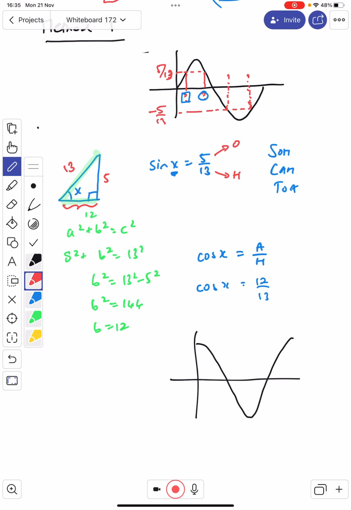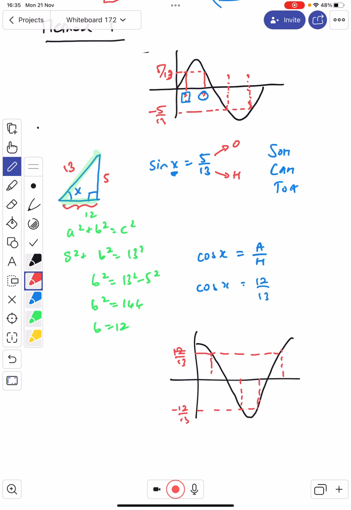So again, we're considering that cos x could be plus or minus 12/13. So for the purposes of this activity, we're going to consider all four of the possible values, the positive and negative values of 12/13. So this is where it's positive 12/13 and this is where it's negative 12/13.